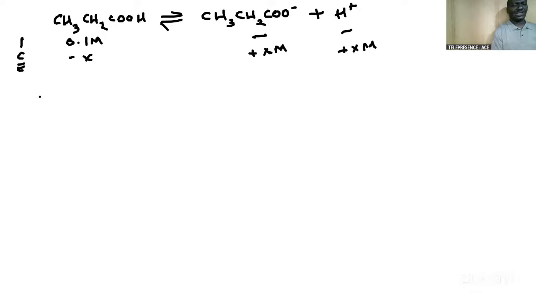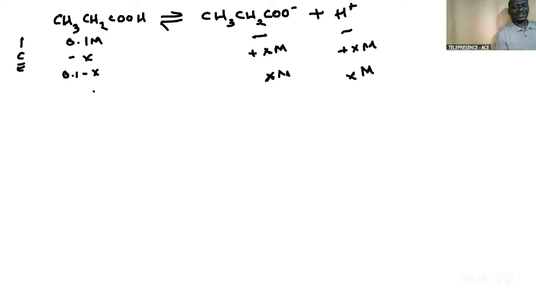Such that at equilibrium, what you have here is 0.1 minus X, and what you have here is X molar, and what you have here is also X molar.